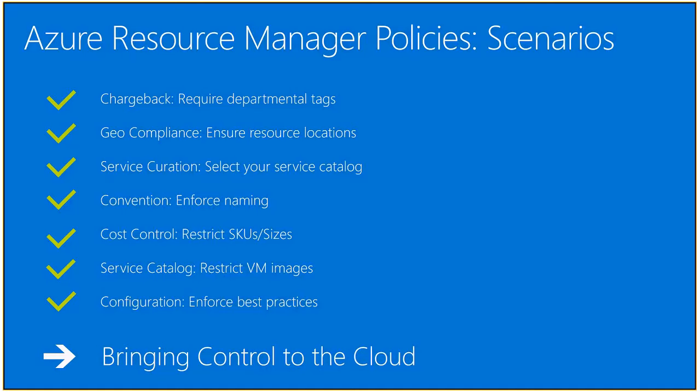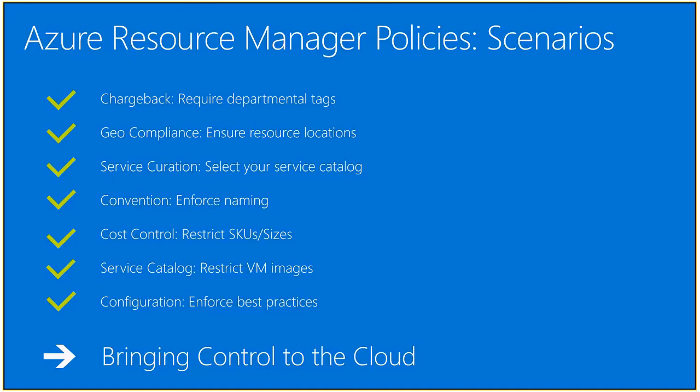You can see I can only create standard A0, A1 virtual machines for this particular scope. And then for the service catalog, you can restrict the VM image you can use. It also lets you enforce certain best practices for configuration.